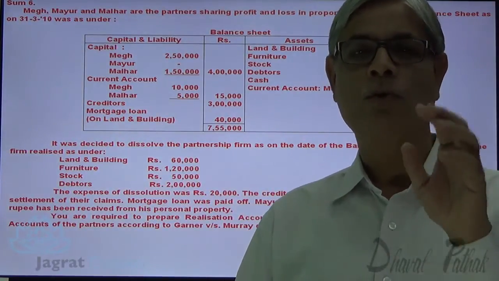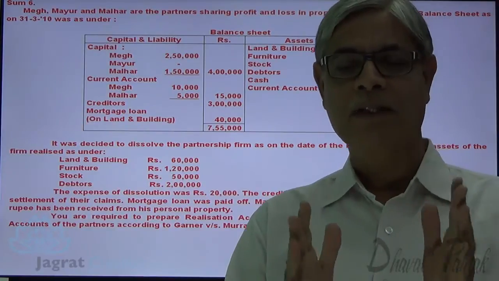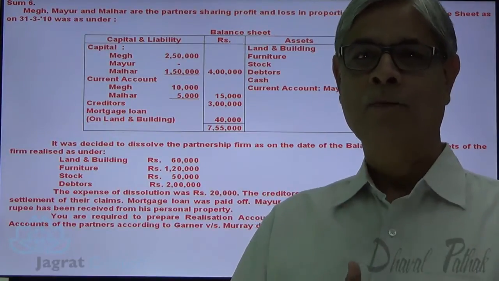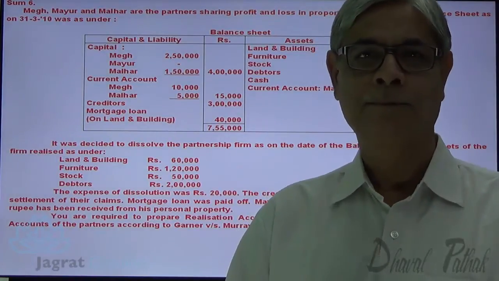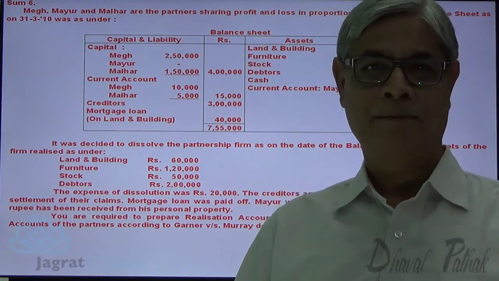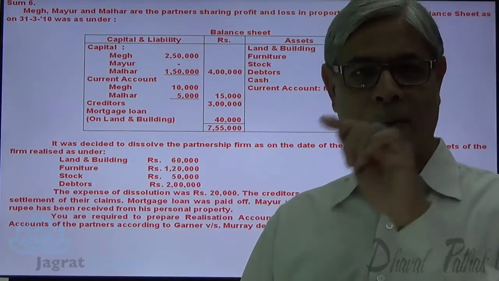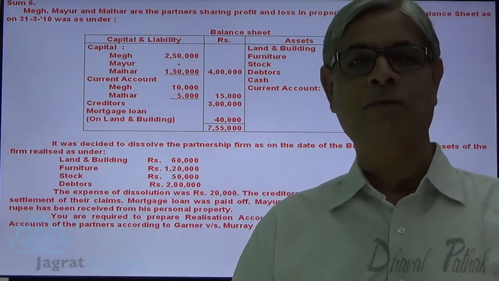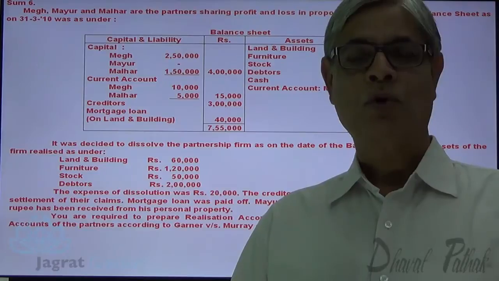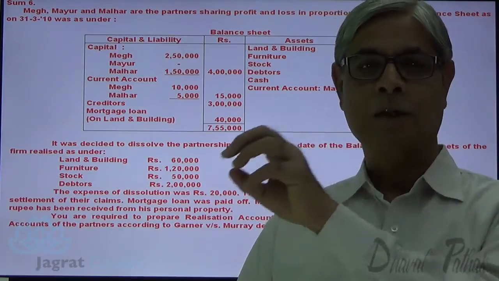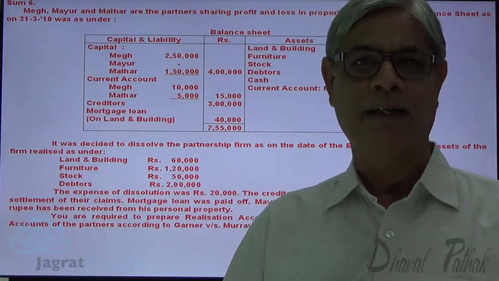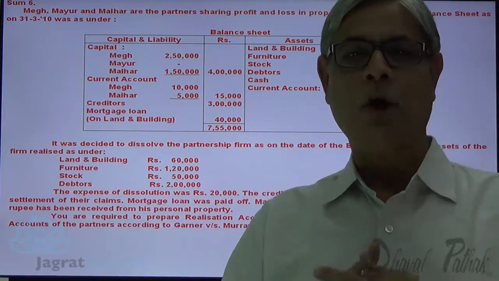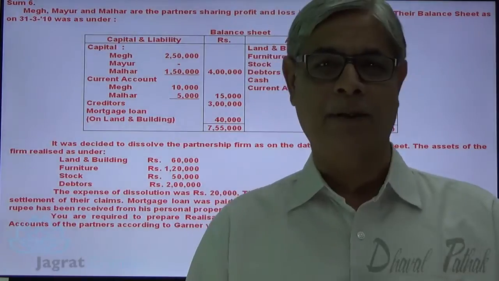In such a situation, Garner versus Murray decision is applicable. The amount not recoverable from the insolvent partner is not a bad debt, because the partner is not a customer to whom the goods have been sold on credit. So you can't treat this non-recoverable amount from an insolvent partner at par with bad debts.